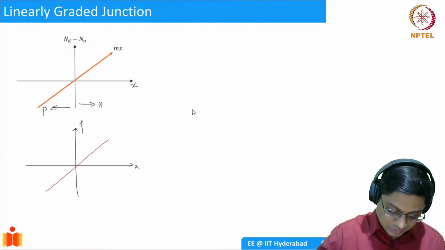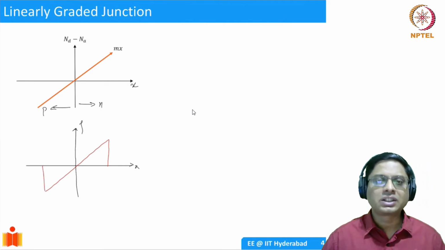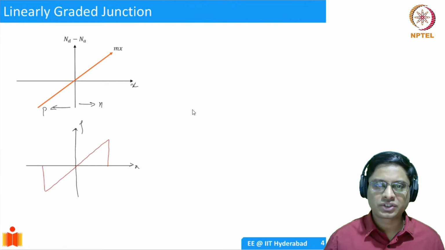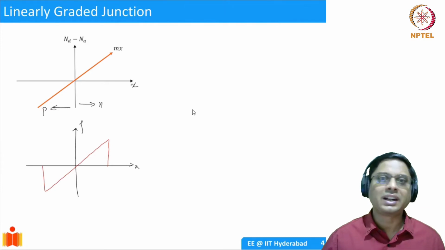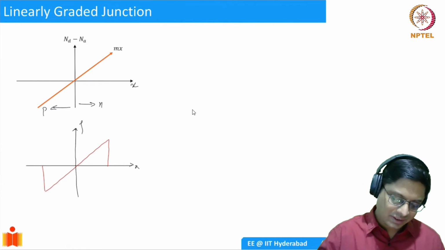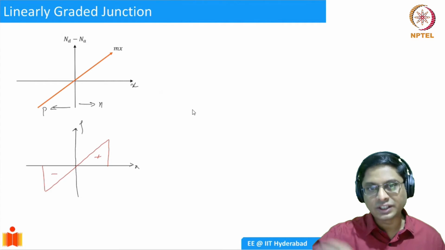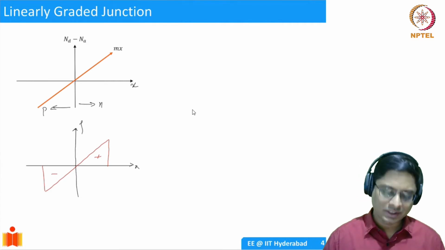Your space charge region is going to be like this. You're going to uncover a finite amount of space charge, which will cause an electric field, just like in the abrupt junction case. The only subtlety here is that your space charge is going to have a linear profile.